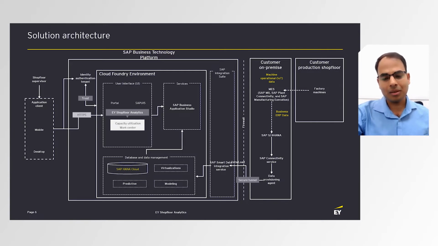These sensors and measurement devices actually measure the various key operating parameters of the machines. For example, pressure, temperature, and all other important parameters, which are health parameters of the machine.